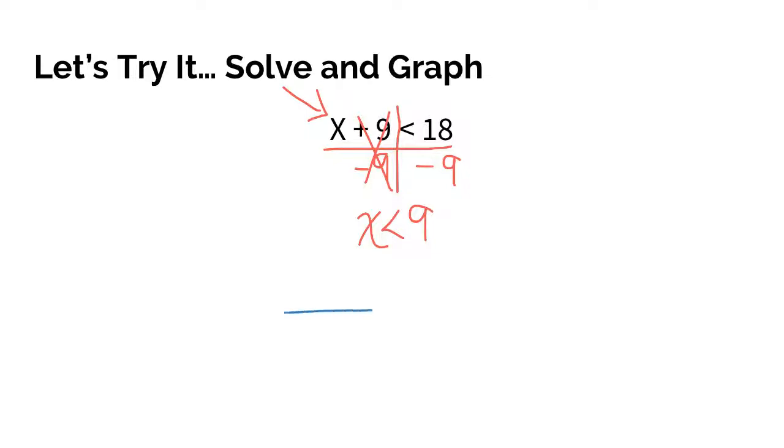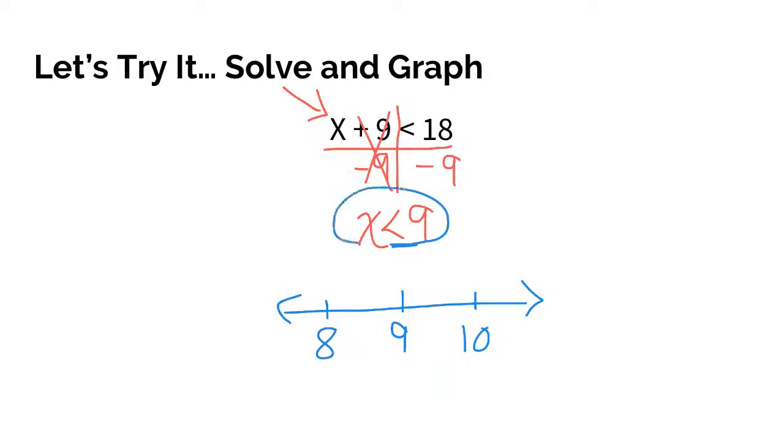The newest twist is to graph this. And so we've graphed a little bit, and I said I usually put the target in the center with one more and one less. I need to pay attention though, because I have to know if I want an open circle or a closed circle. And I have a less than. That means all the numbers less than 9 are my solution set, not including 9, so I'm not going to close in the dot because it doesn't equal 9.